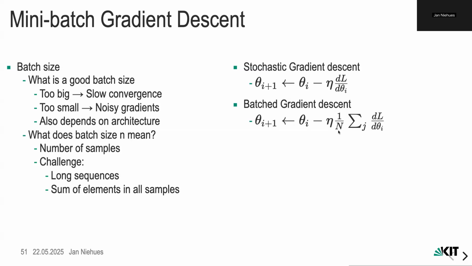Or should you take this n as a sequence length? Then, say you have an n of 500, it can be 2 sentences with length 250, or it can be 50 sentences with length 10. So that's again a decision that you have to take. I think today it's mainly that you count by words, but again, you have to decide.